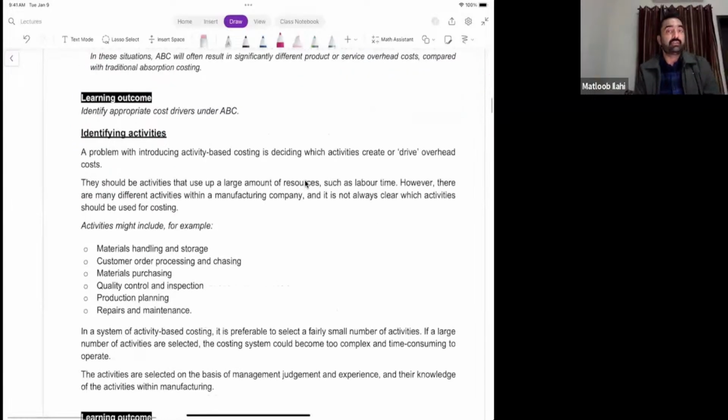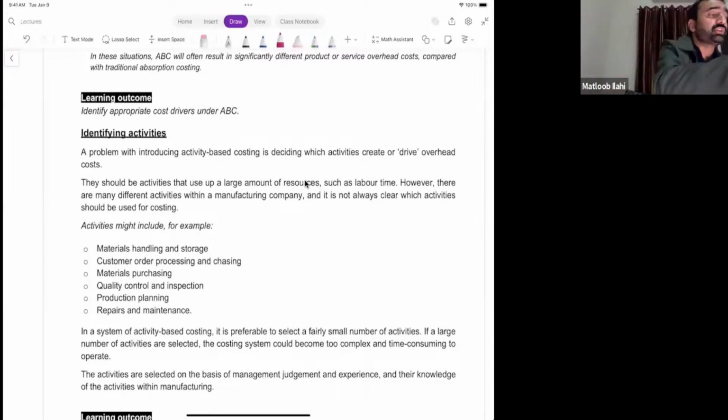Next, the learning outcome from the performance management syllabus is to identify appropriate cost drivers under ABC. Yes, a question might ask you to identify suitable cost drivers for different activities. So before we go and learn about cost drivers, first we need to know about the ABC process.